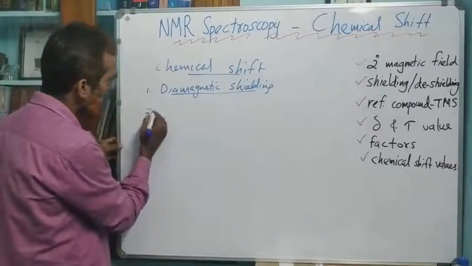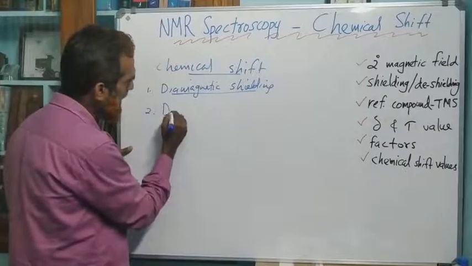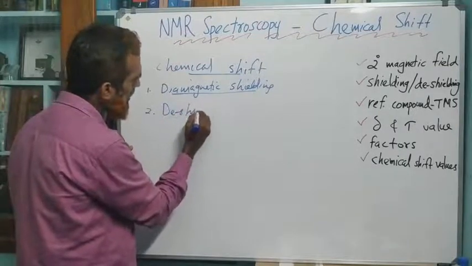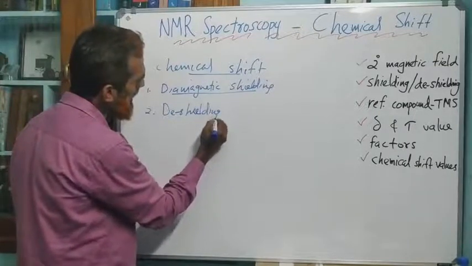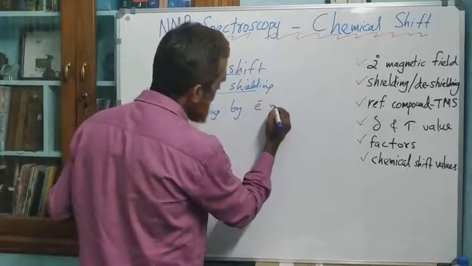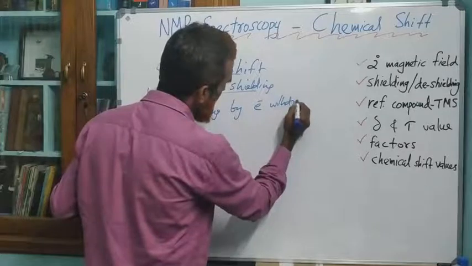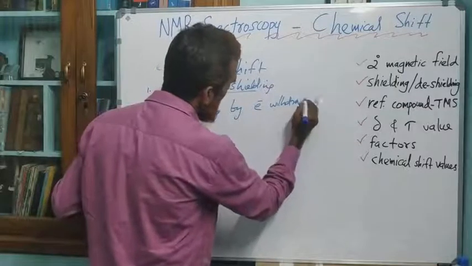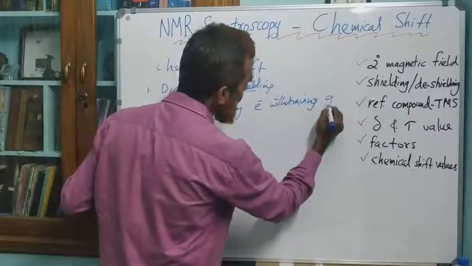Now the second factor is deshielding by electron withdrawing groups.